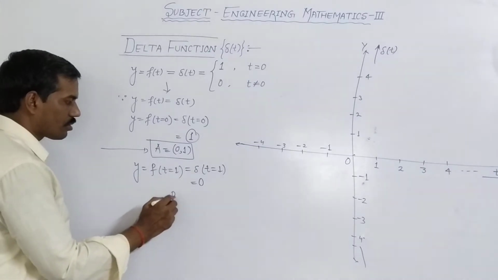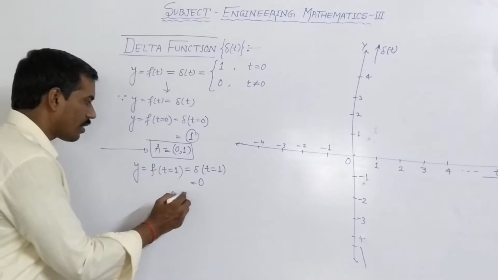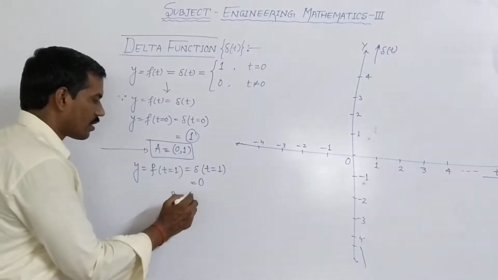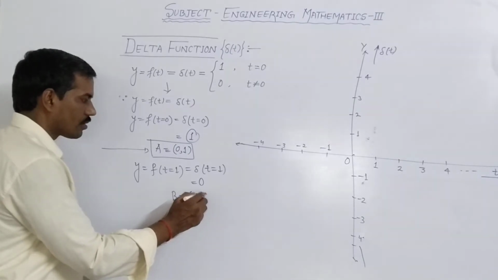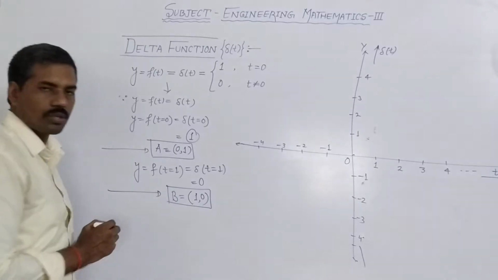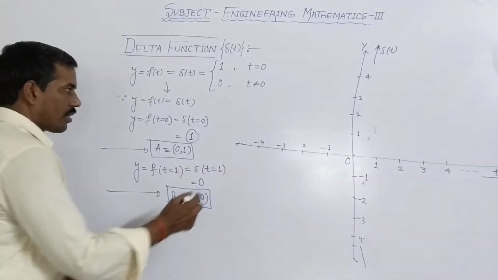Let that point be B. So the coordinates of point B are t equal to 1, that is the x coordinate 1, and 0. So B is (1, 0). Let us find the negative points.